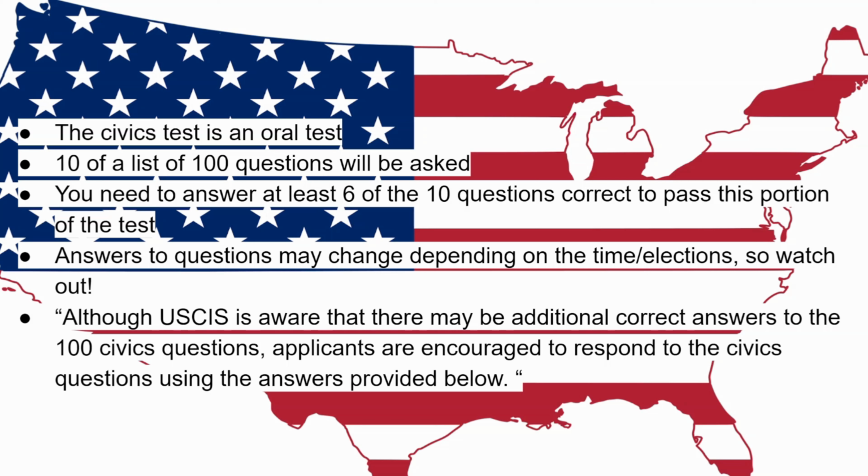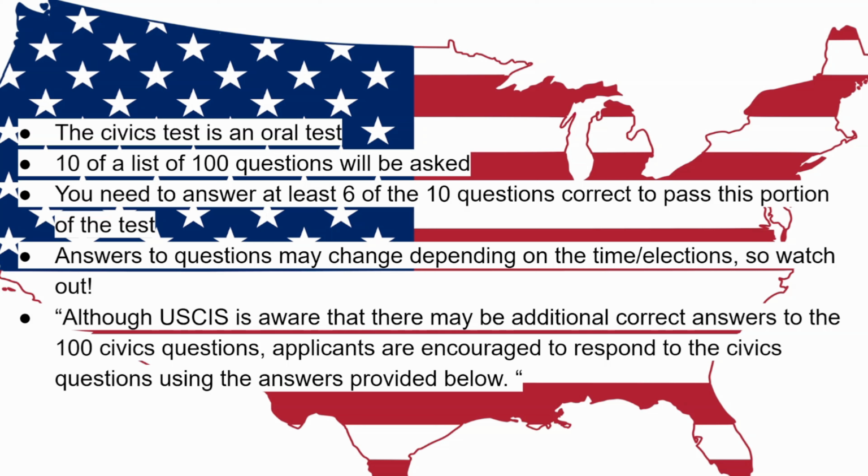And then here I pulled this quote from the official government document. So it says that although the USCIS, which is the US Customs and Immigration Services, I believe, is aware that there may be additional correct answers to the 100 civics questions, applicants are encouraged to respond to the civics questions using the answers provided below.